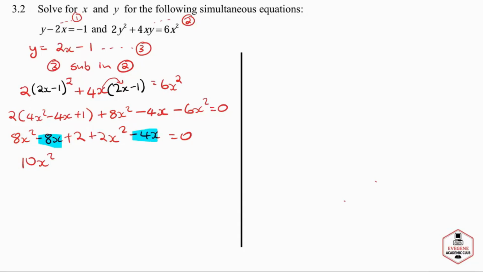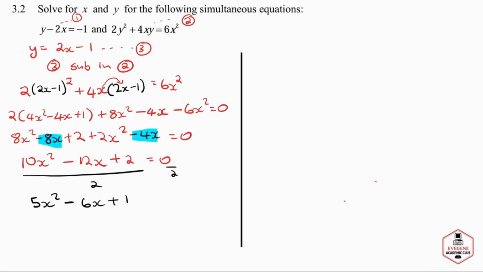The answer is negative 12x. And then I have the 2. This will be equal to 0. This can be further simplified by dividing by 2, since 2 is a factor in all of them. So I'm going to have now 5x squared minus 6x plus 1 equal to 0.